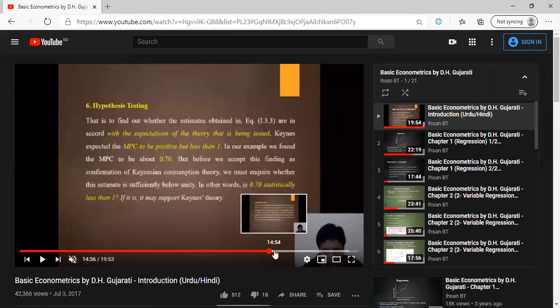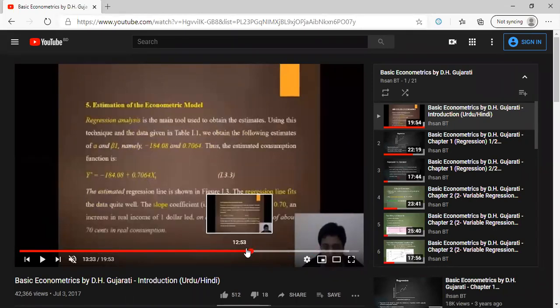Can you explain that for me? Here, 0.7. Who can explain that for me? This is the slope of that consumption function. The slope is telling you what here?